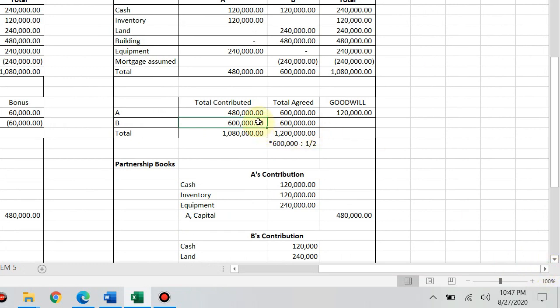Goodwill, which is an unidentifiable or intangible asset, will be recognized for A, to equalize his contribution with B. Okay, so we first have to know the total partnership capital when it comes to revaluation or the goodwill method.